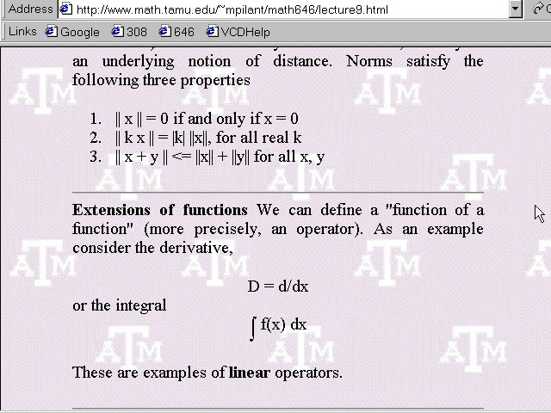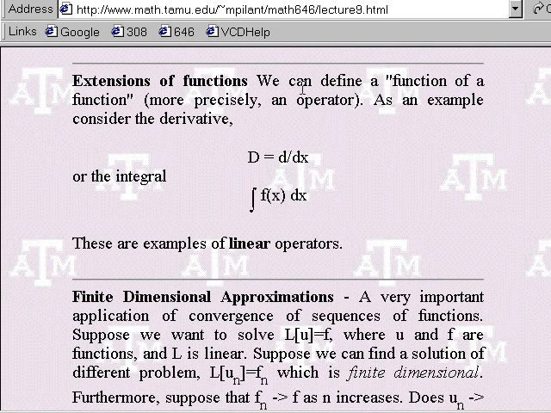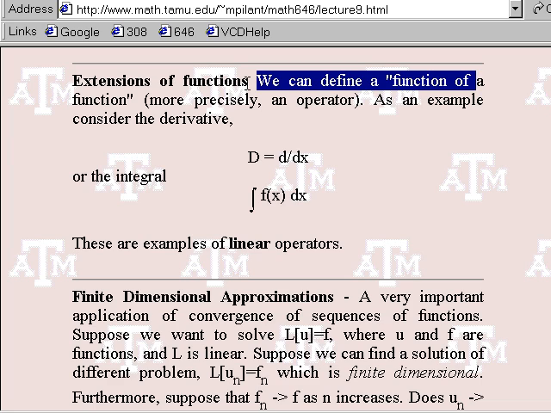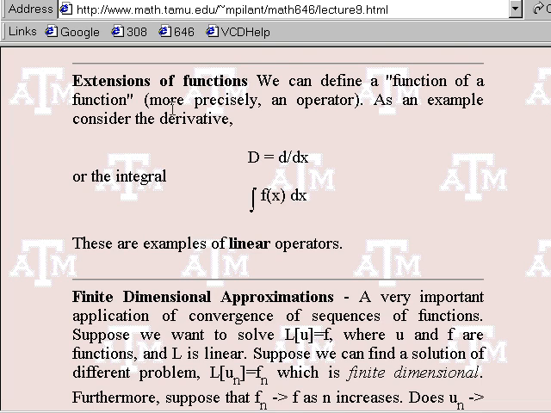Okay. Now we can extend the idea of a function. By function, I mean a pointwise function, like f(x) equals x squared. Now you can do function composition, but there's another way of operating on a function to get a function, for example the derivative. If I take a differentiable function, say sine of x, and I hit it with d over dx, that gives me cosine of x, and that is itself a function.